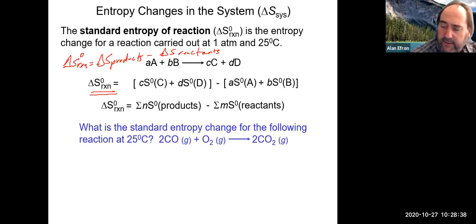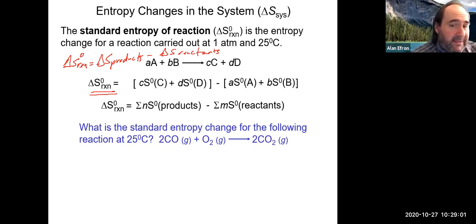Another important thing in terms of looking up things in tables, that you're probably aware of but just to remind you: you always want to make sure that you look it up not only for the substance you're looking for, but also in its right state. A lot of these thermodynamic tables will have multiple values for the same substance, and the main difference is the states they're in.